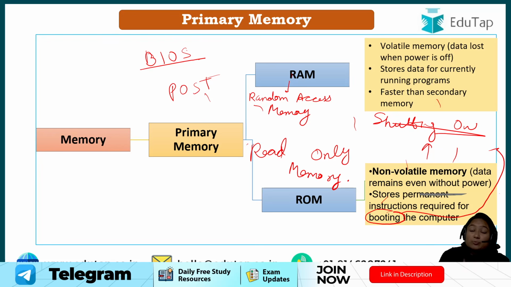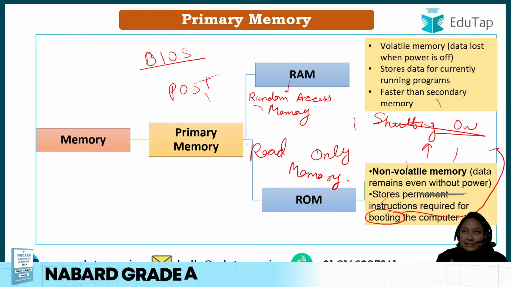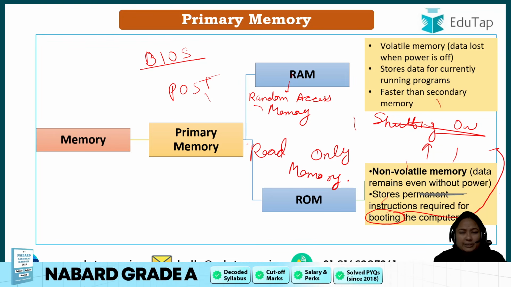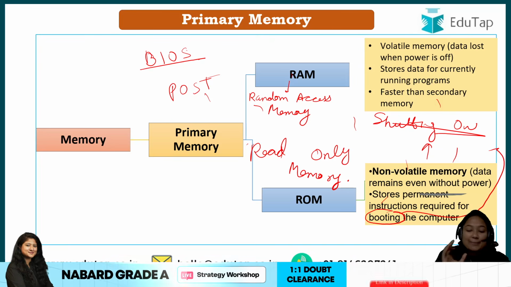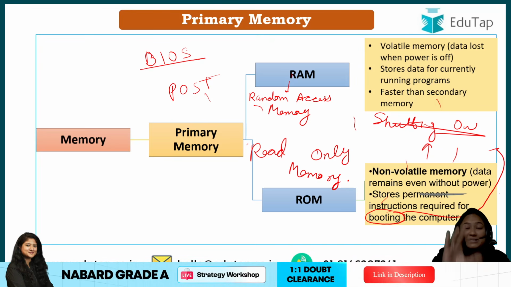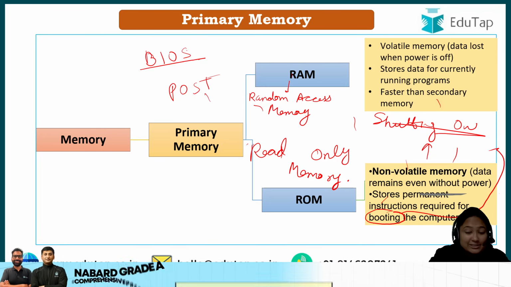And ROM should be permanent, otherwise, if the ROM is working today, you are able to turn your computer on, but if tomorrow it is deleted for any reason, you will not be able to switch on your computer. So this is basically the work of RAM and ROM. I have broken it down to very layman terms, so I hope you are able to understand this.